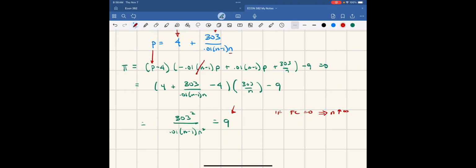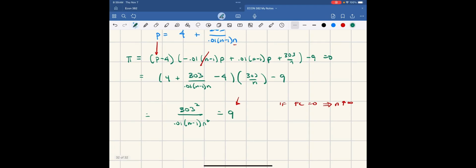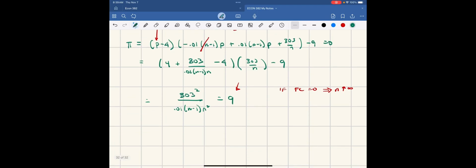But here our fixed cost is 9. As our fixed cost increases, the number of firms will converge to 0. So now we solve for this, and this is where I'm going to use Excel and use goal seek. And what we'll find is that the optimal number of firms is equal to 101.